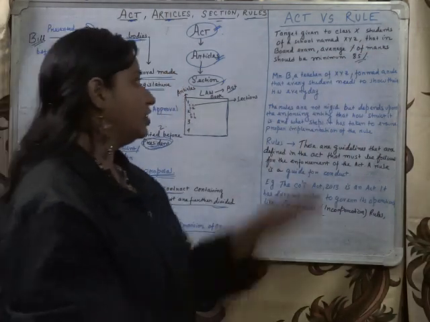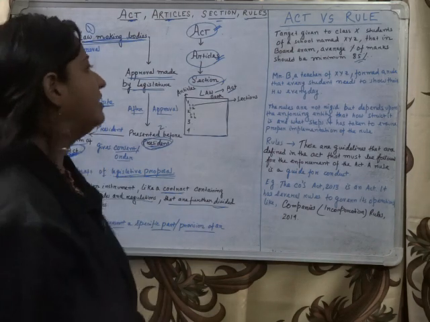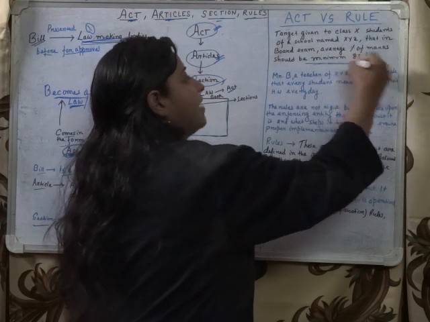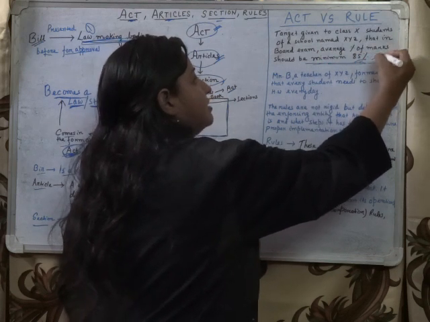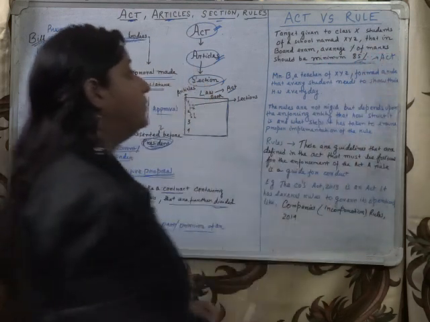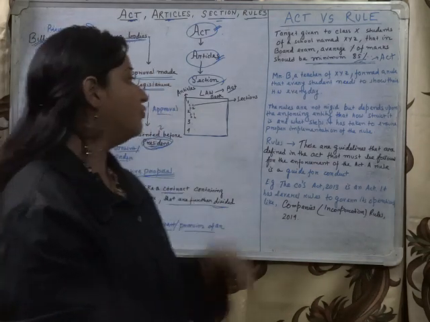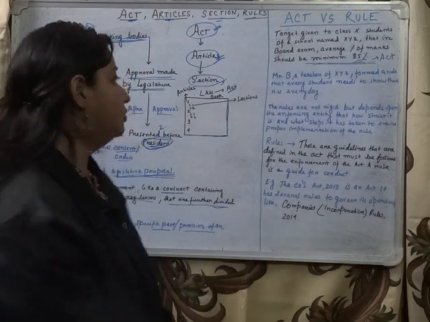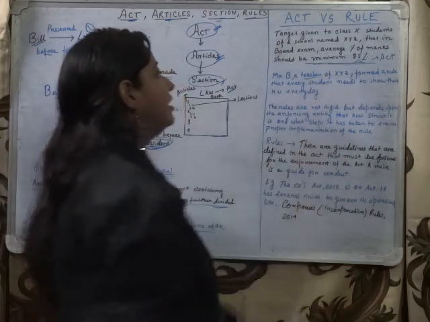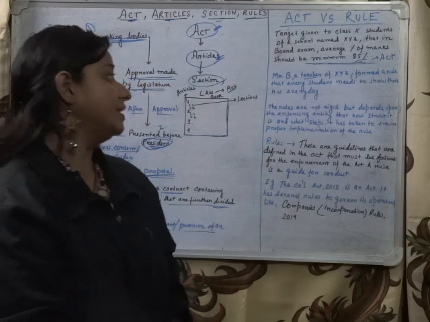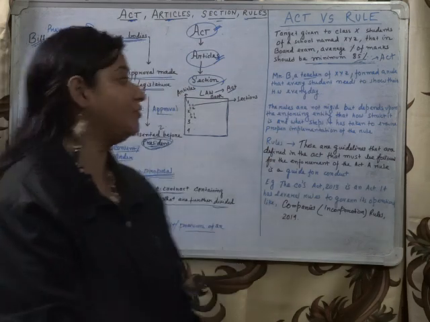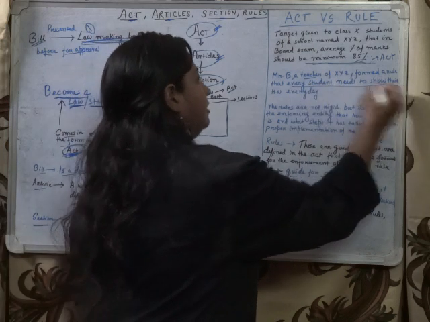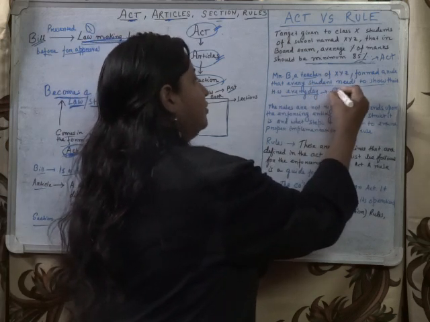Now, here we can say that this is the act: to get minimum 85% marks. This is the act. But to get that, whatever the teachers have to do, that is, the regulation she made, the rule that every student needs to show their homework every day, this can be called a rule.